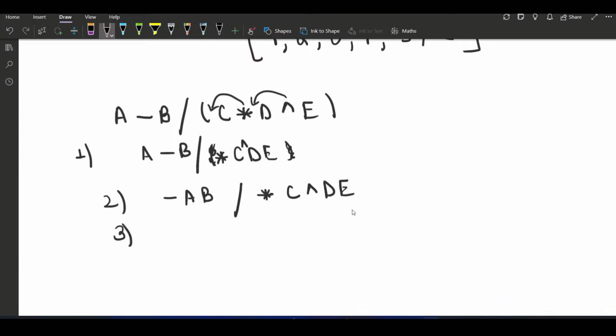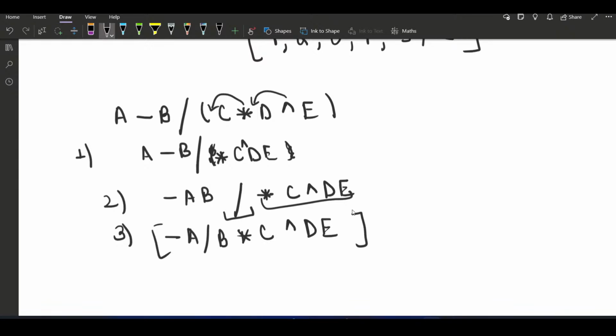Now in the third step, we haven't shifted this division sign, so we'll be shifting this to the position here. So it will be minus A slash B, and then we'll be having what is left here, C and slash D E. So this will clearly be the prefix order here.